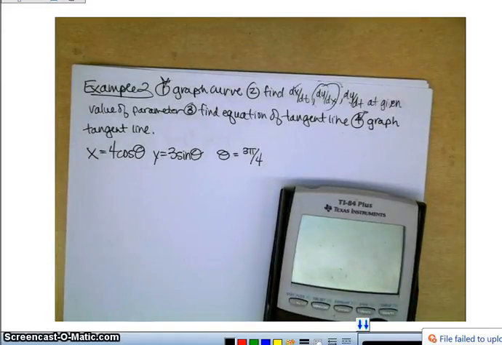So I'm going to turn it on, hit y equals, and graph 4 cosine of theta, and then graph 3 sine of theta, and I'm just going to hit graph and see what happens.